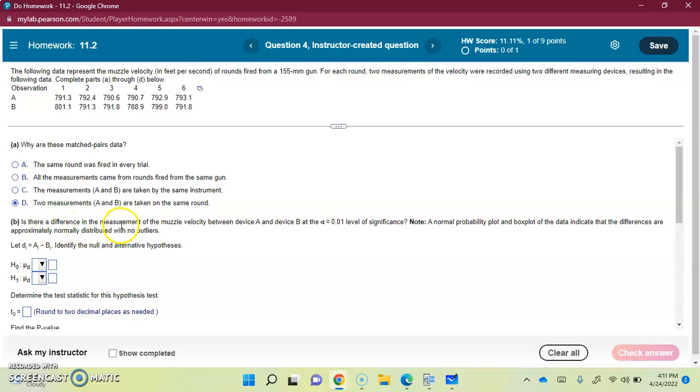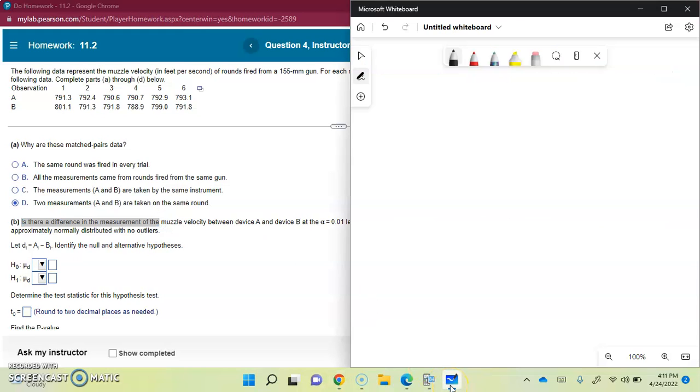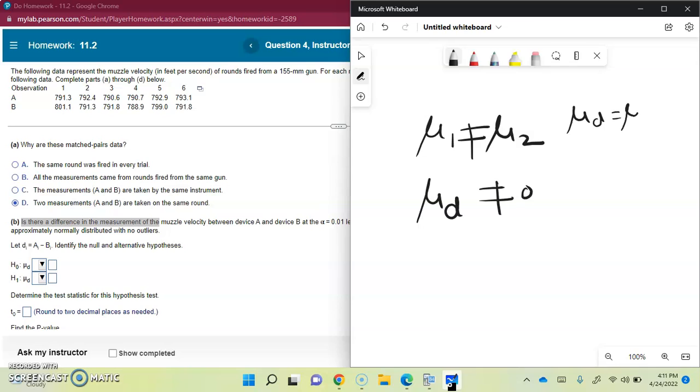Is there a difference? So here is the question. This is your test. Is there a difference in measurements? So there are two measurements going on. The question is mu1 different than mu2? So that means we can write that the difference is not equal to 0. If the difference is mu1 minus mu2, our alternate hypothesis is this.